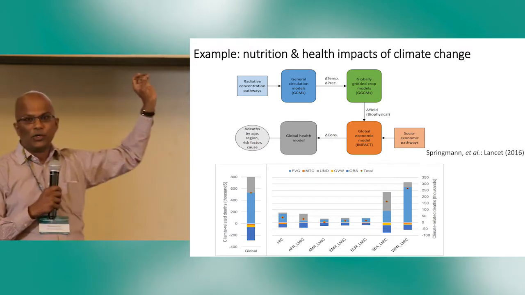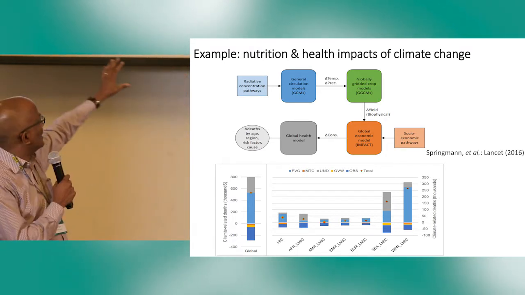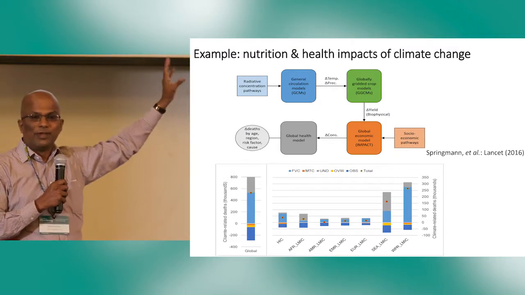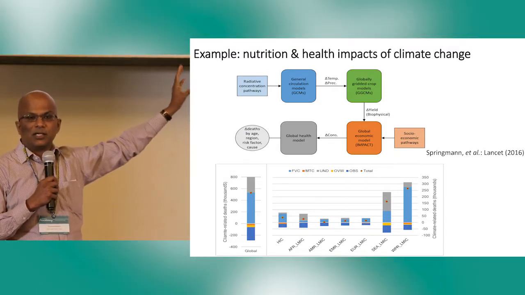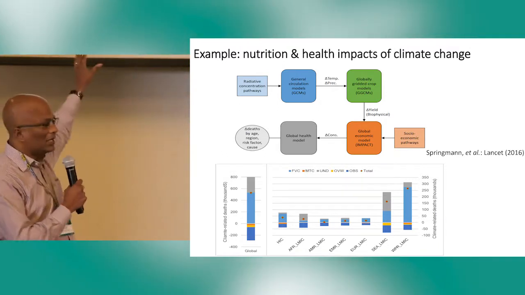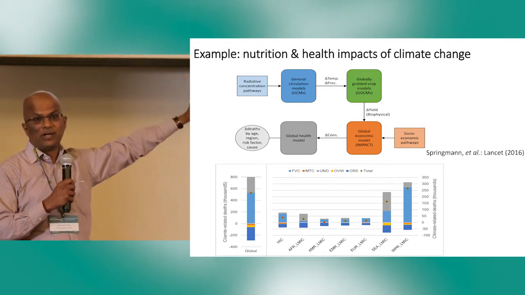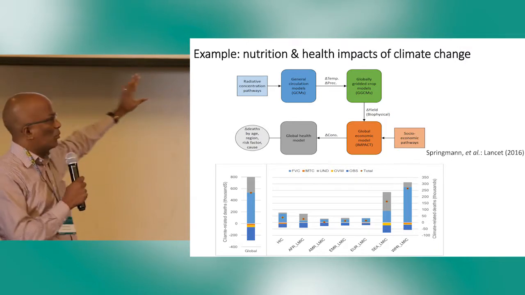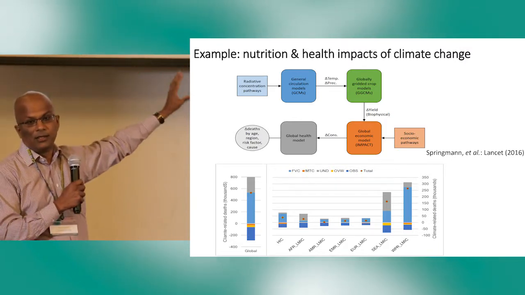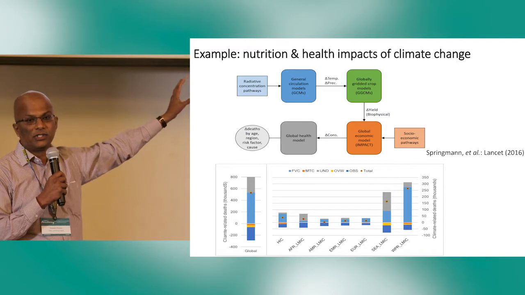One of the things it tells you is the change in consumption of various foods. And once you've got the change in consumption, you can convert that into nutrition changes and convert that through an epidemiological model into health changes and mortality that arises from that.